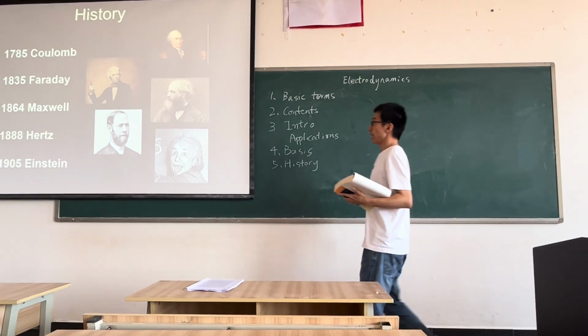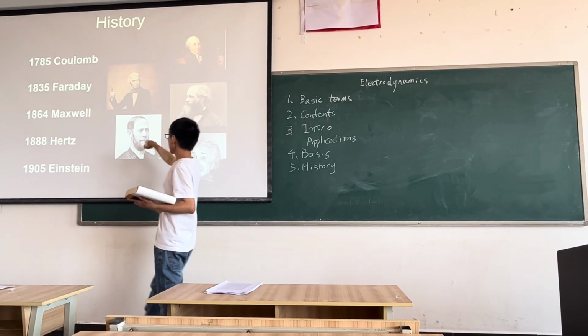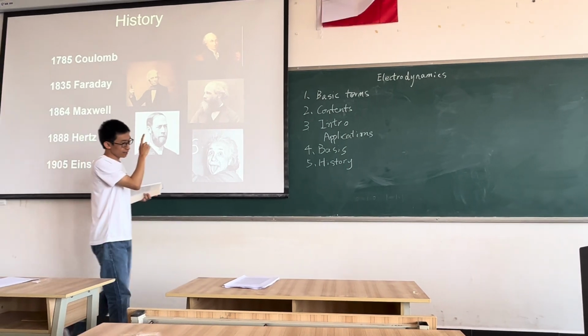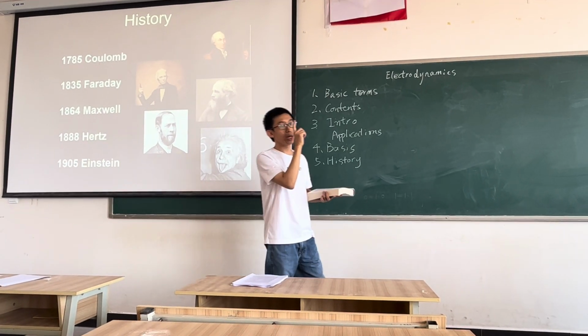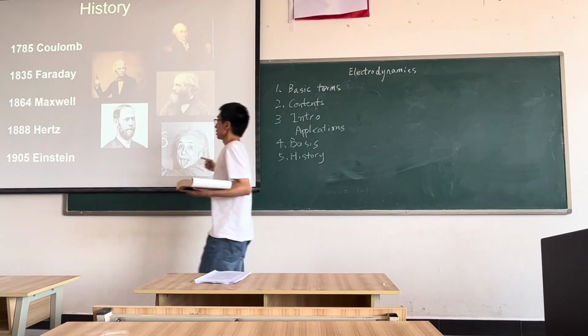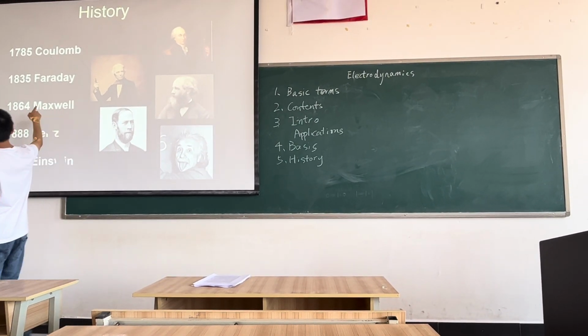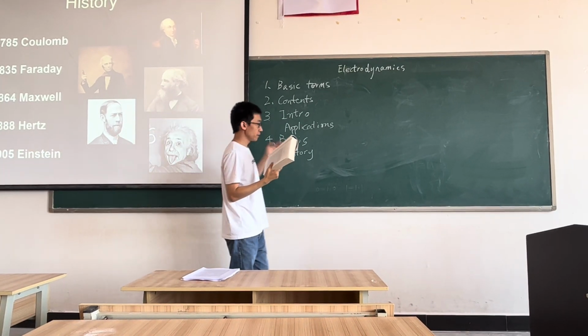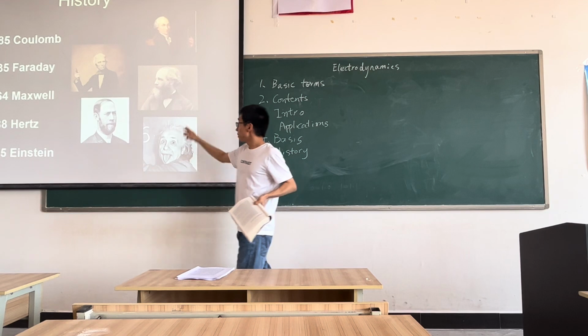And then in 1888, Hertz, this German guy, proved the existence of EM waves, which was established by Maxwell. And then in 1905, this guy is even more famous than all of those.